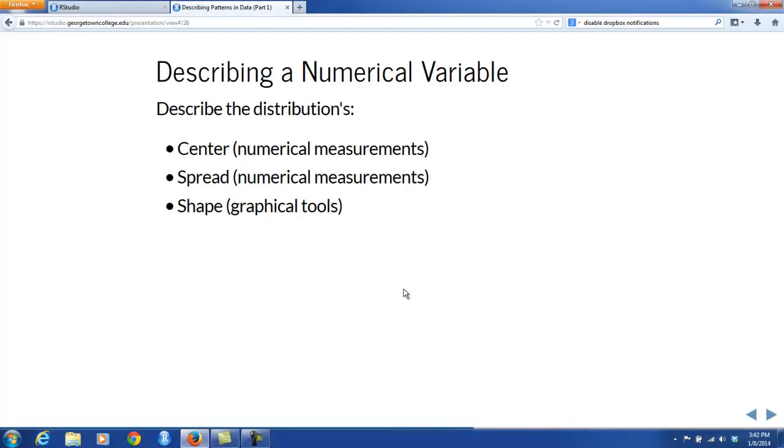So we're going to give you just a few summaries of the distribution, and then gradually over the course of weeks come to a clearer and clearer idea of what a distribution is for a numerical variable. The summaries we have in mind are measures of the center and the spread of a distribution, and these will be numerical measurements. But we also want to summarize and describe the shape of the distribution, and we'll do this with a variety of graphical tools.